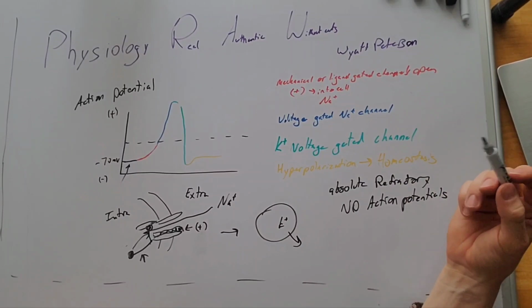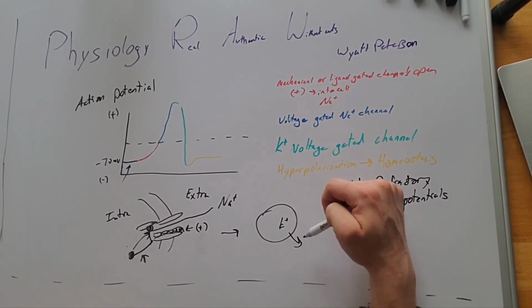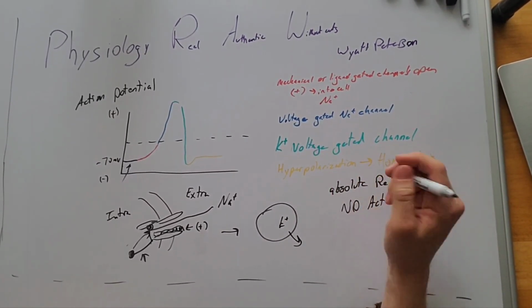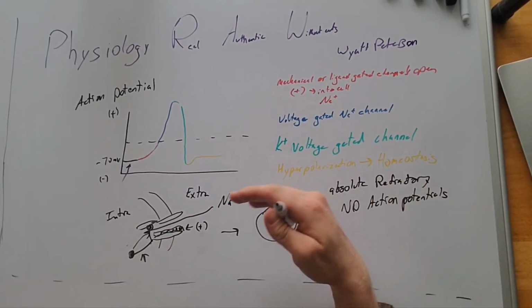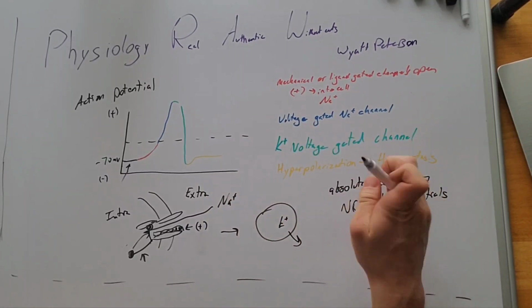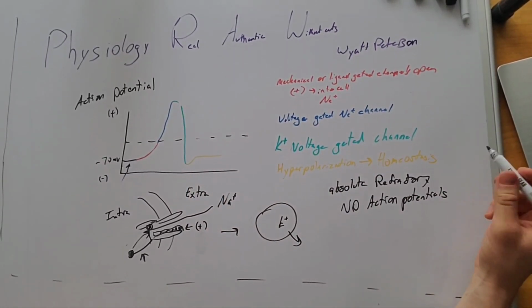I imagine it's when the potassium voltage gated channels are open, and it doesn't matter how much positive charge or how much sodium you put into the cell, it will not achieve an action potential again.